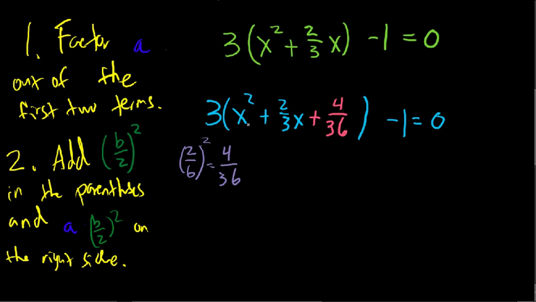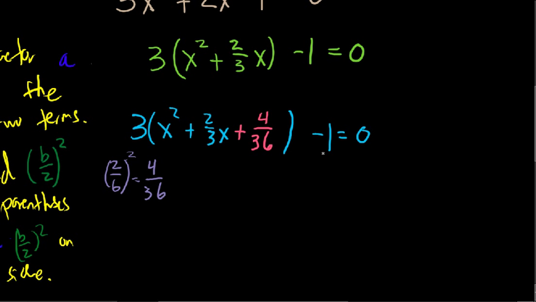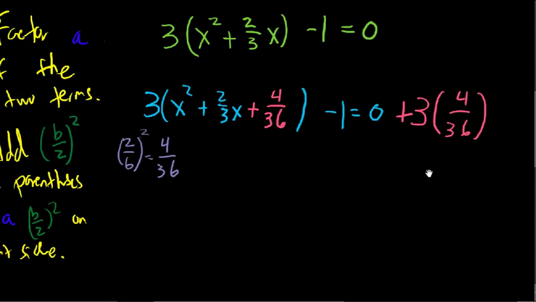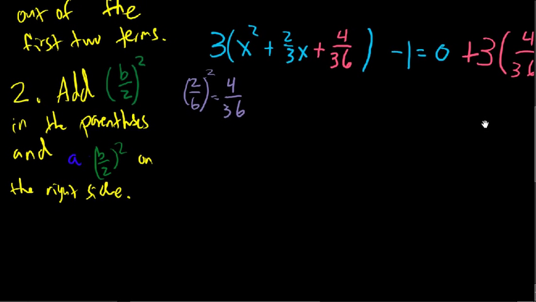Because really what we're doing is adding 3 times 4 over 36 and then basically factoring the 3 out. This is hard to explain, but it kind of makes sense if you think about it. Because we're adding the 4 over 36 within the parentheses, we have to add 3 times 4 over 36 to the other side. That's basically how that works.